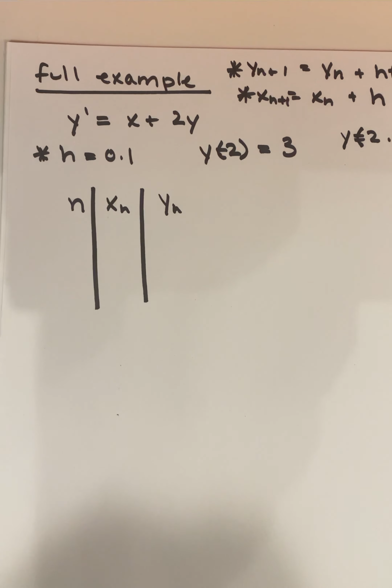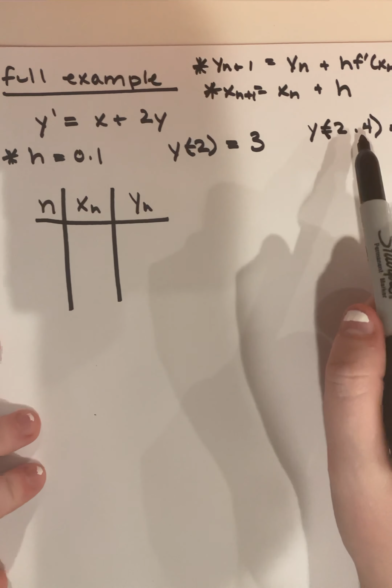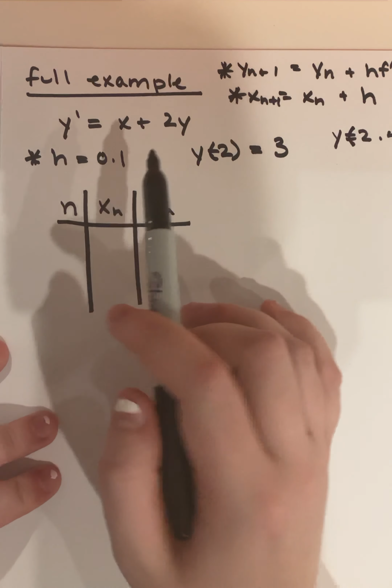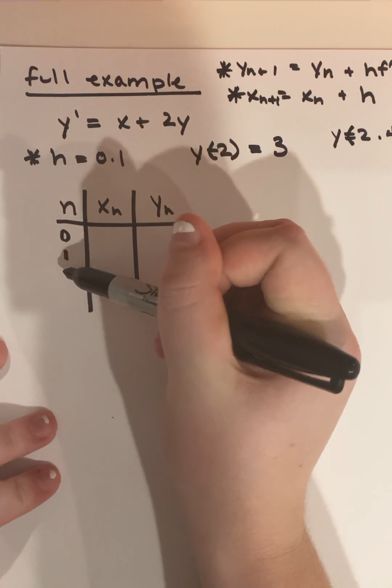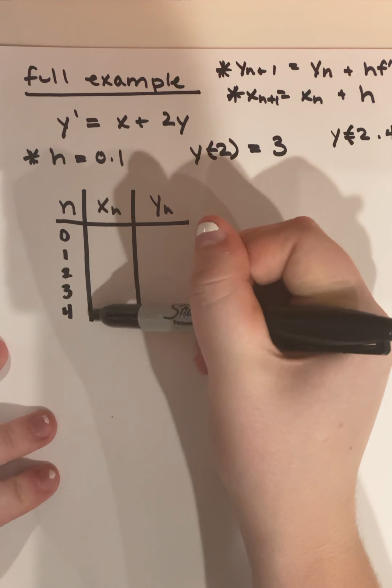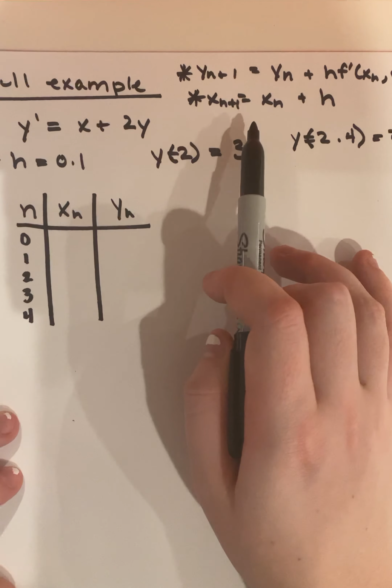In some tests they may ask you what is the difference between Euler's method and the exact answer, but that is not what we're looking for, so that is okay. So since we're looking for 2.4, knowing that the step is 0.1, we're going to go from 0, 1, 2, 3, 4, and that's where we're going to end off. And I will show you using our equation for x sub n plus 1.